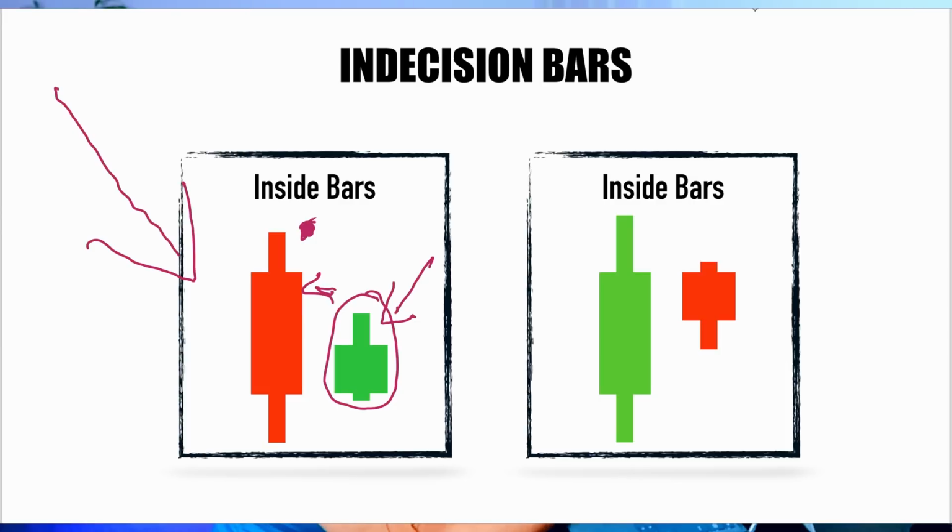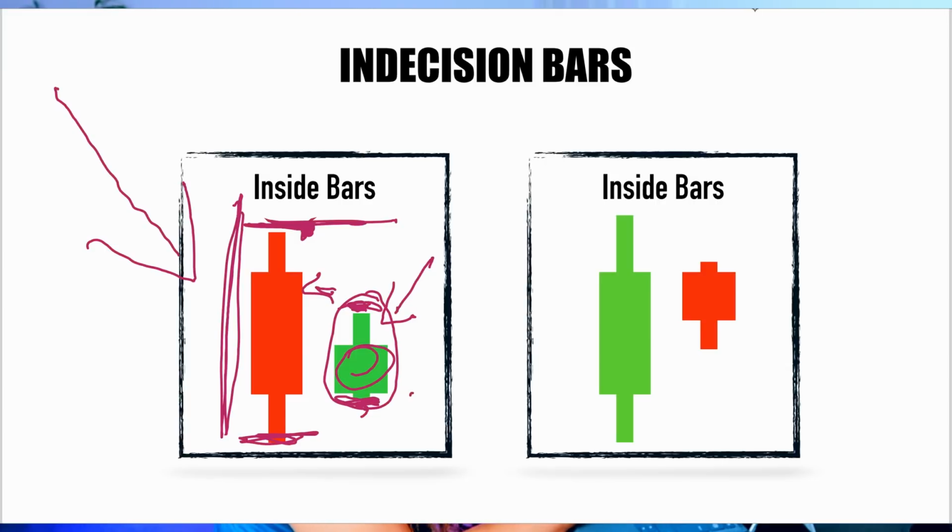If this bar is smaller, and by smaller we mean with the wick and the body, it is inside the length of this bar. So again here, the top of this bar is higher than the top of this bar, and the bottom of this bar is lower than the bottom of this bar. It's like a mommy and a baby.